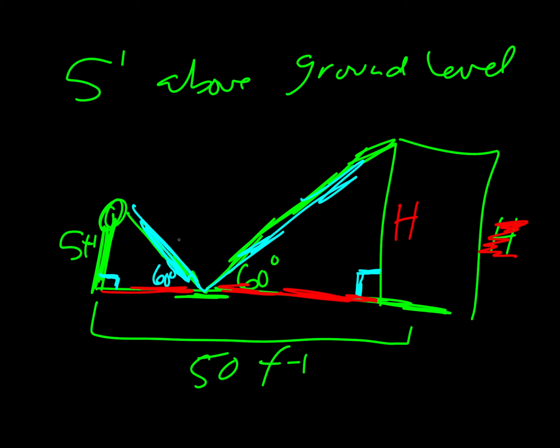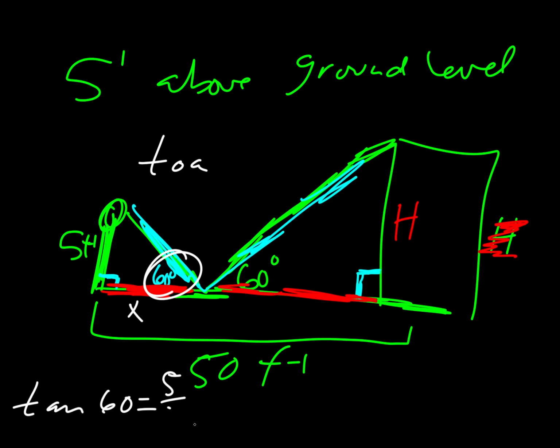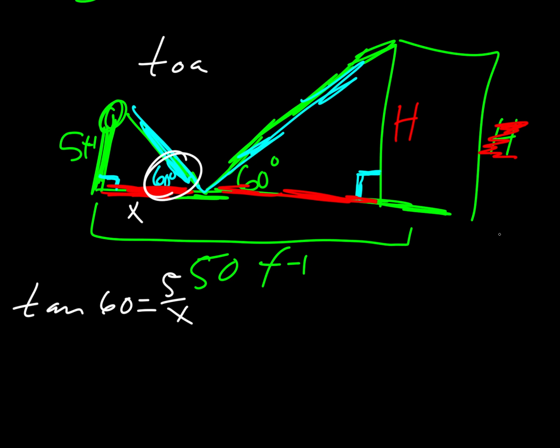So what we want to do first is find this red one right here. I'm going to just call this x. If we focus on this angle, this is opposite and adjacent, so it's going to be TOA, or tangent. So tangent of 60 is equal to 5 over x. We flip both sides of the equation to get our x on top.